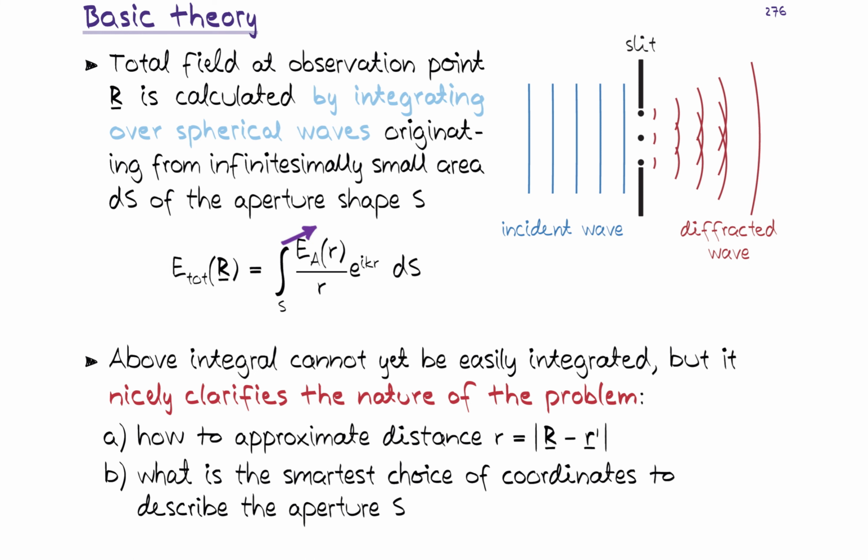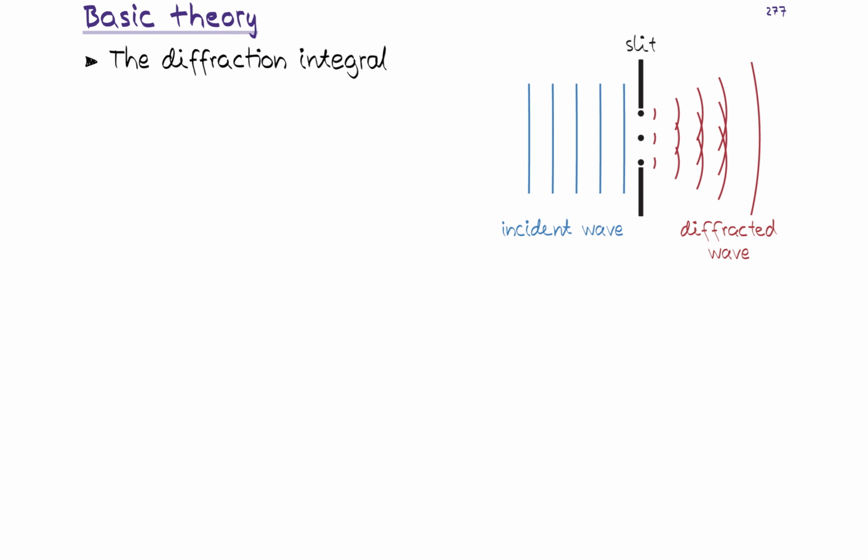And of course, conceptually, this is quite nice. We are integrating different spherical waves originating from slightly different locations in the aperture. So physically, this is quite clear and really complies with our starting point of applying the Huygens-Fresnel principle to our scenario. So we have a diffraction integral that looks exactly like this as before.